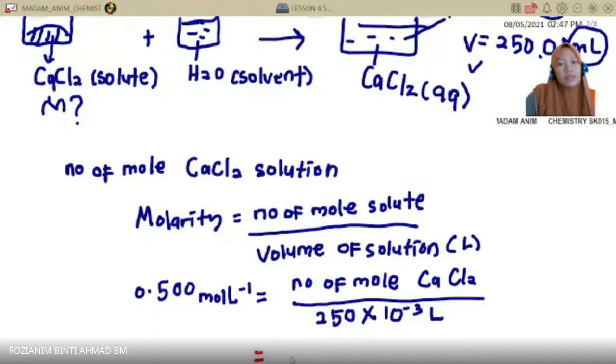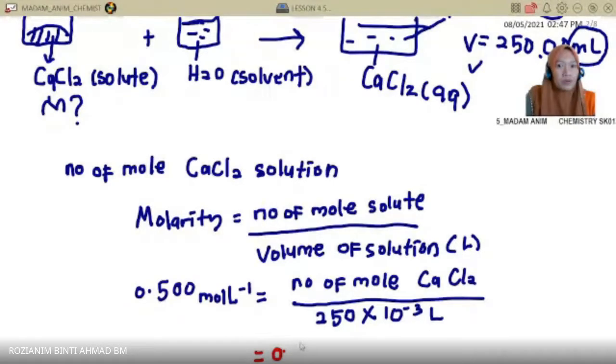Betul tak dengan jawapan yang saya kira? Dapat 0.125. 0.125? Is it 0.125? Is it correct?